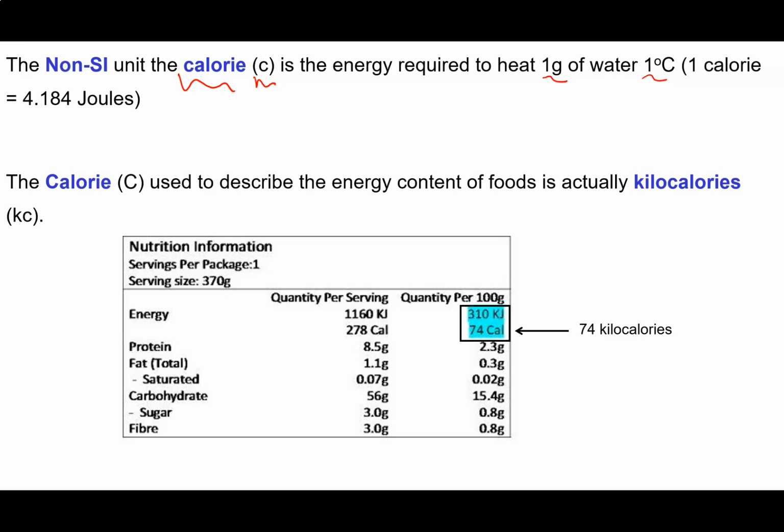And the most common unit for measuring energy in the SI system is the joule, and 1 calorie is equal to 4.184 joules. You'll be wanting that for your homework problems. You'll be wanting to know this equality here in order to solve some problems.